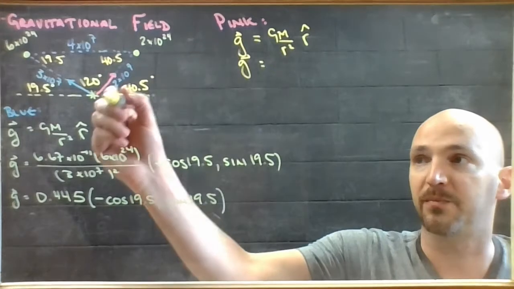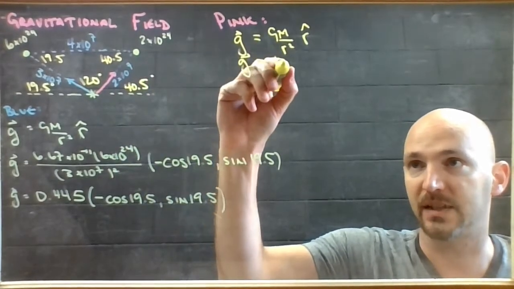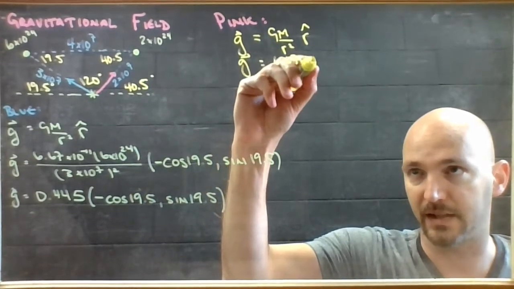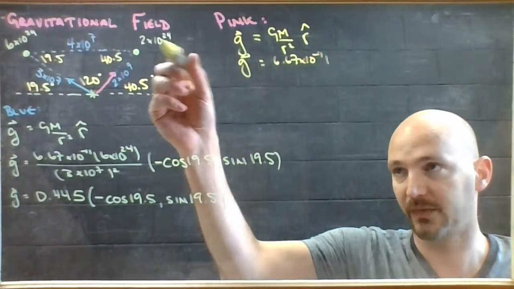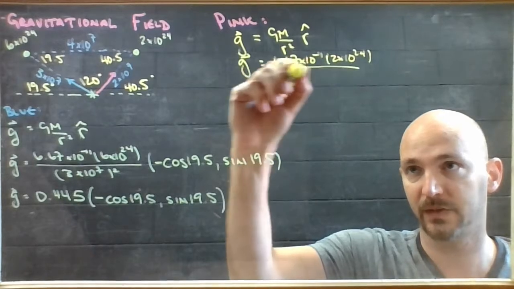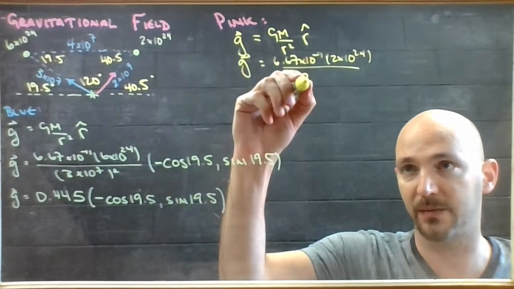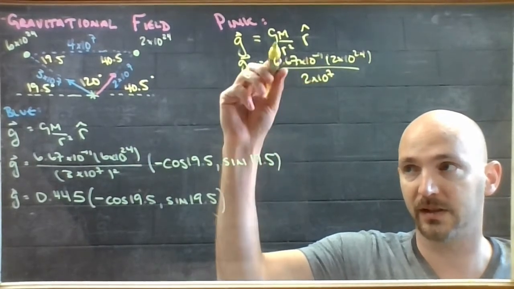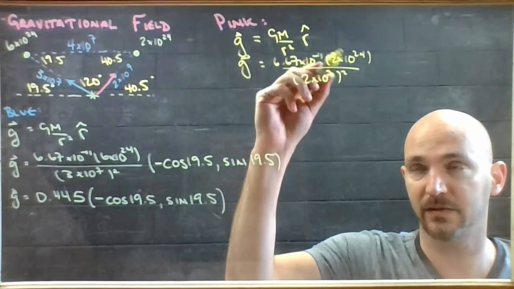So for this pink one here, g is still 6.67 times 10 to the negative 11. The mass attracting me is 2 times 10 to the 24. And this time I am 2 times 10 to the 7 away, instead of 3 times 10 to the 7.